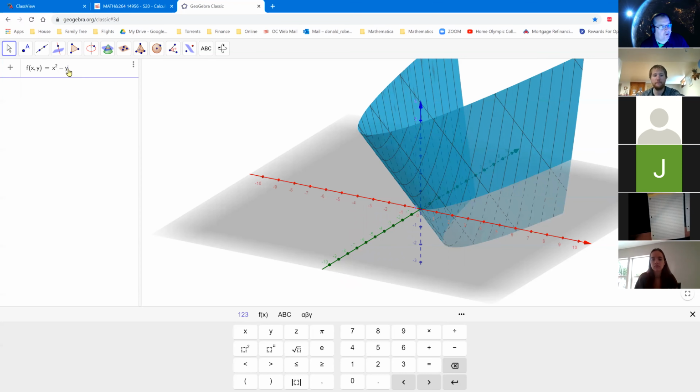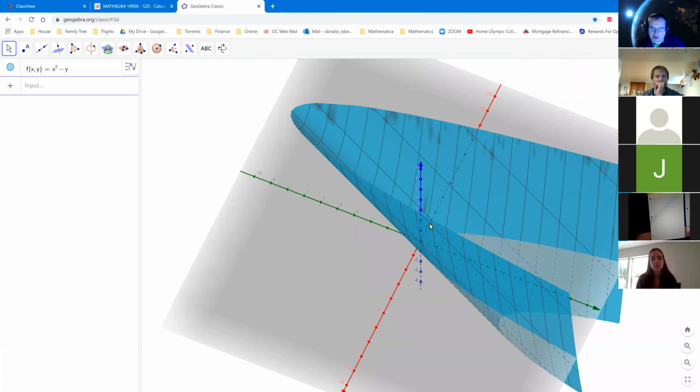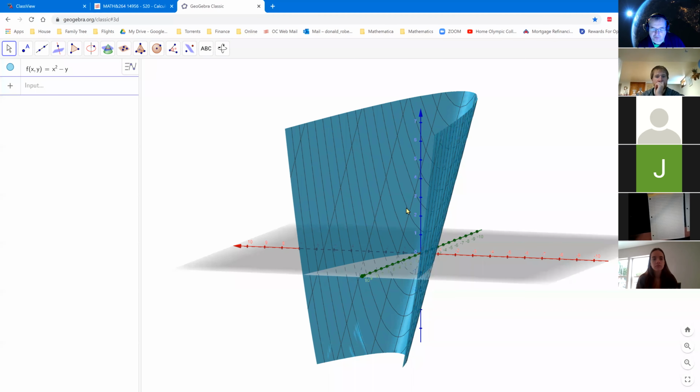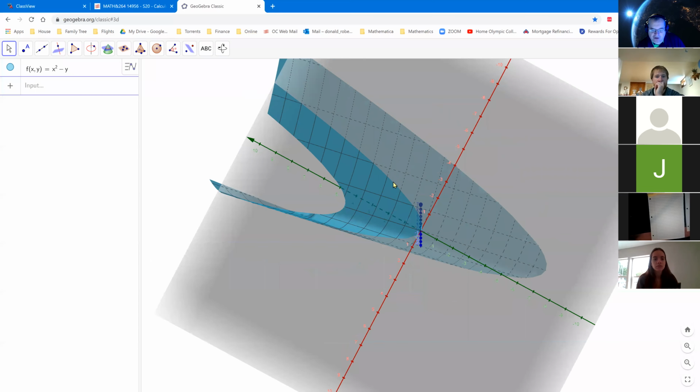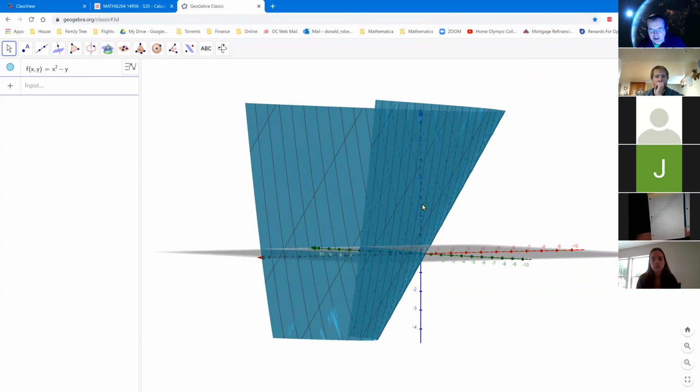Good, okay. So if you think of f of x,y as being the z coordinate, the height is x squared minus y. I try and think of x,y as the floor, and the function as being how high up it is, plus or minus, could be down. Now, what's kind of nice about this software is if you hold your mouse around it, you can actually get a feel for it.